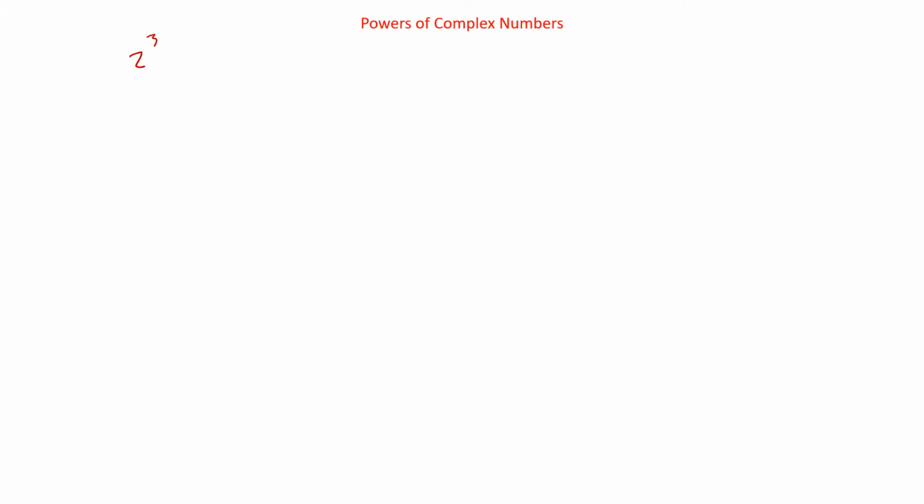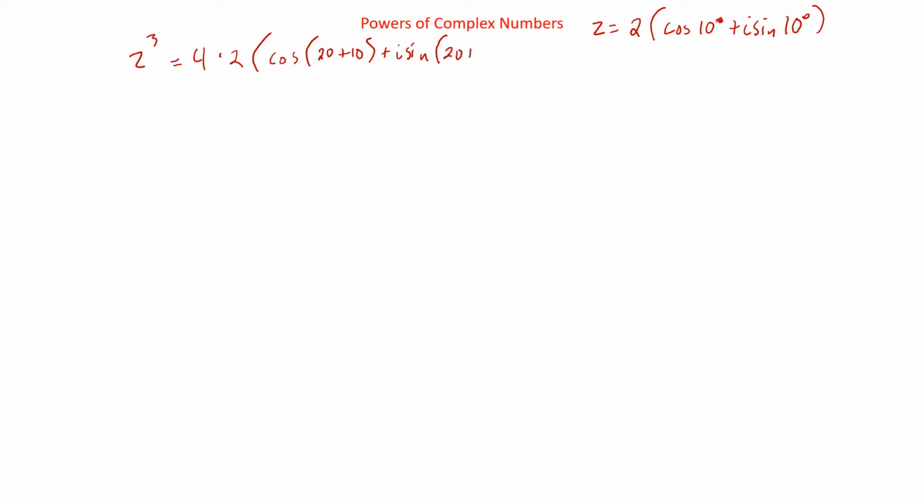And so if, let's say, our z is 2 cosine 10 degrees plus i sine 10 degrees, then z cubed would be z squared, which is 2 squared, so 4 times another 2. And then cosine, we had 10 plus 10 was 20, plus another 10, plus i sine 20 plus 10.